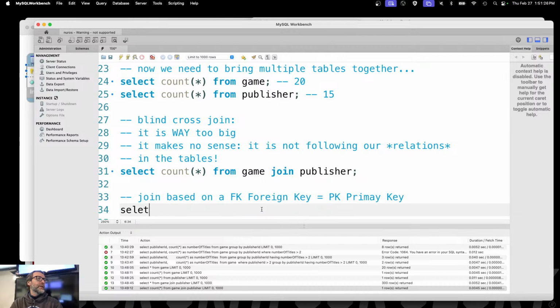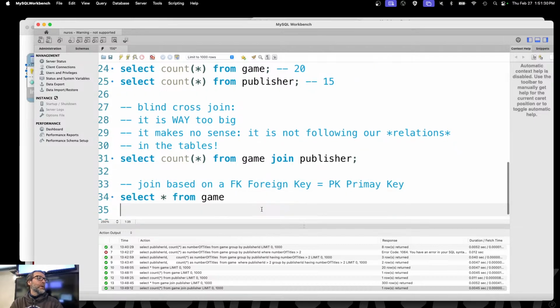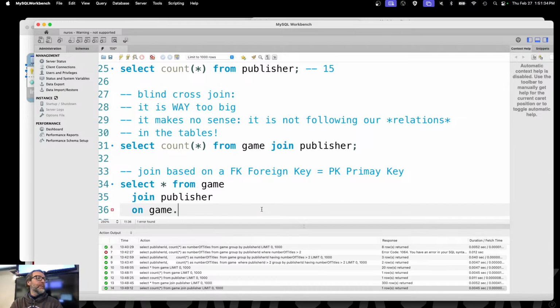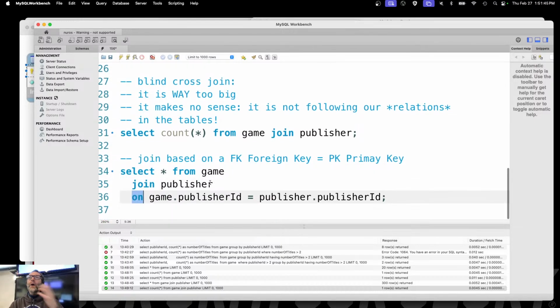So select everything from game, join publisher on game.publisherID is equal to publisher.publisherID. Okay? So this on clause is telling me how you should join them.